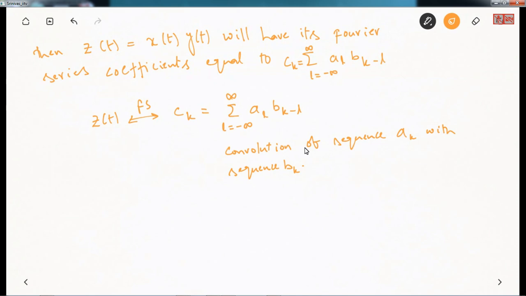So this is the multiplication property, and then finally we have one property called complex conjugation and conjugate symmetry.